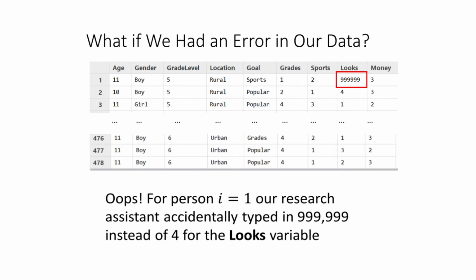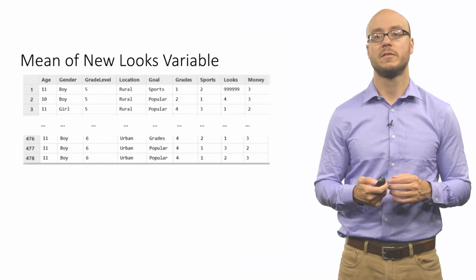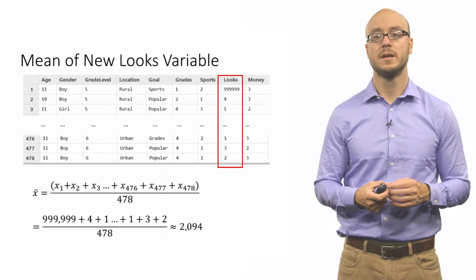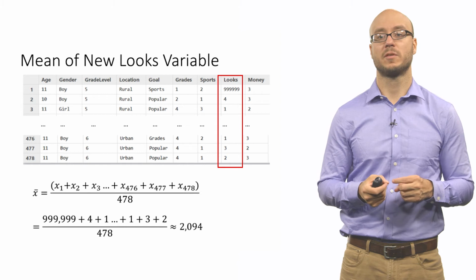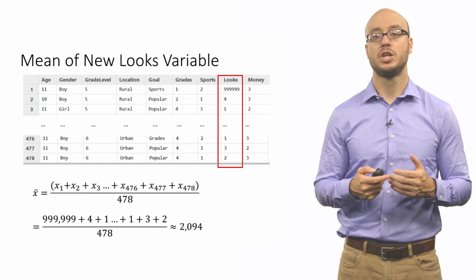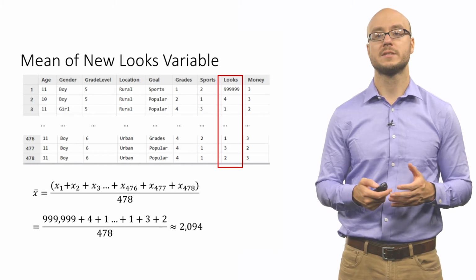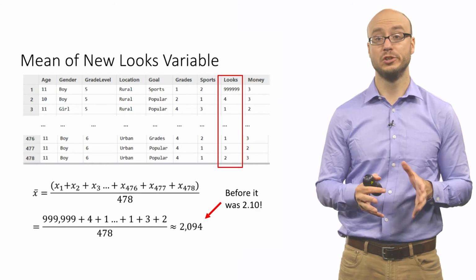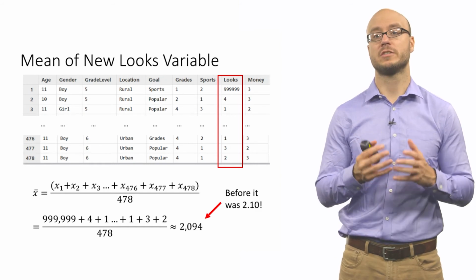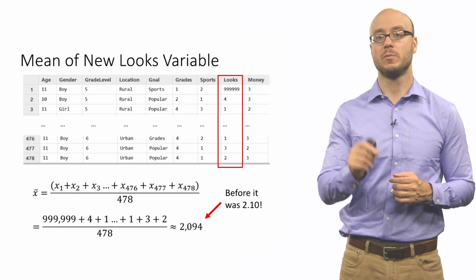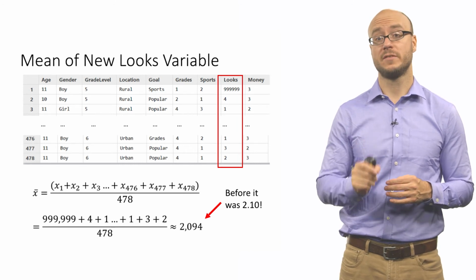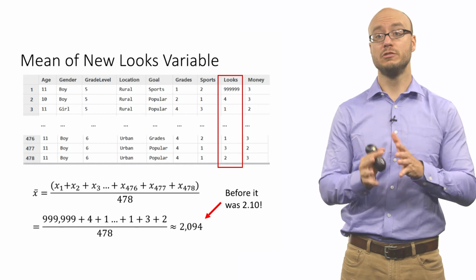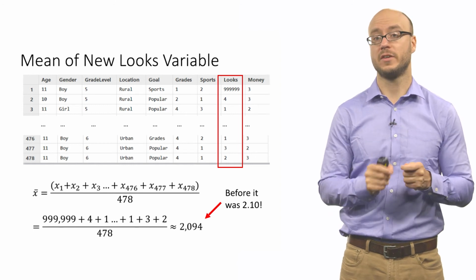What will happen if we calculate the mean ranking and the median ranking for the looks variable? Well, the mean, and we would use statistical software for this, is now huge. Okay, the mean is now above 2,000. Right? Before it was about 2. So you see this huge increase based on this one data point. Keep in mind, there are 478 observations that are used to calculate the mean of the looks variable.